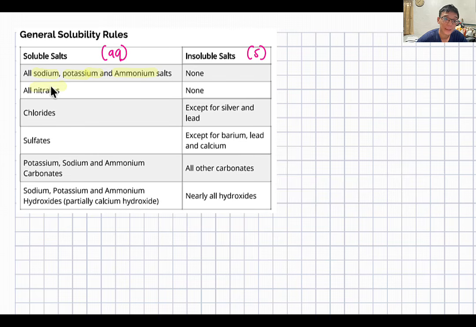While for nitrate, for example like magnesium nitrate, calcium nitrate, whatever, with nitrate, they should be soluble. So it's quite easy to memorize these two, because everything with them will just be soluble. While for chlorides, typically they are soluble, with the exception of silver and lead chloride. So if you have silver chloride or lead chloride, it means that they are insoluble. Other than that, they are soluble.